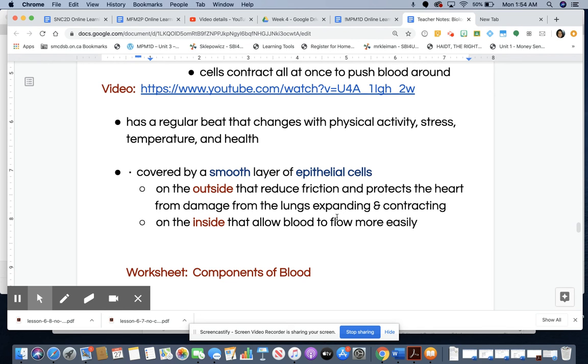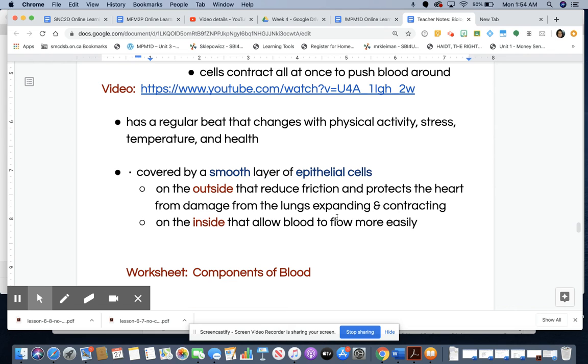It's going to pump faster, causing some sort of cardiac reaction to stress, temperature, and health. If it gets really, really hot, we might get super sweaty and our heart might race a little bit. If it's cold, it's going to slow down so that we can try to slow how the cold blood is moving throughout our body.